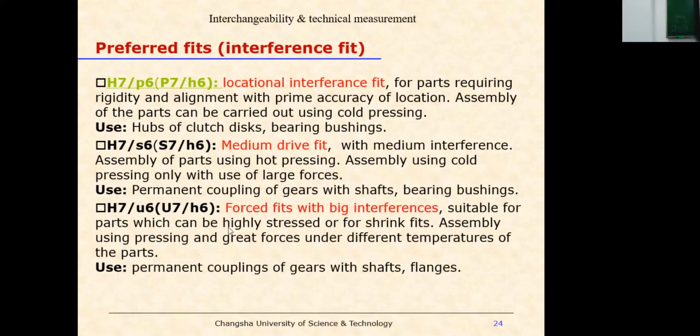H7 or U6, the force fit with bigger interference, suitable for parts which can be highly stressed or for shrink fits. Assembly uses precise and great forces under different temperatures of the parts. For the permanent coupling of gears with shaft or flanges, we will usually use the interference fit because we don't need to disassemble that.